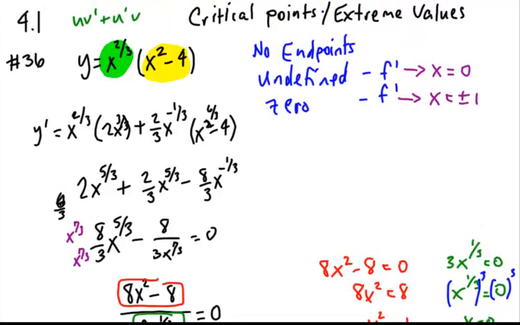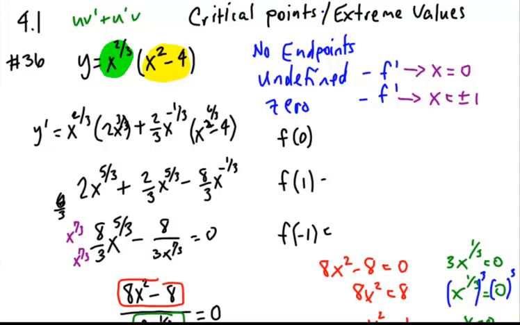Okay? So to determine the extreme values for this guy, all we would need to do then is substitute these values we just found into our original equation. So what we're going to do is look at f of 0, f of 1, and f of negative 1.